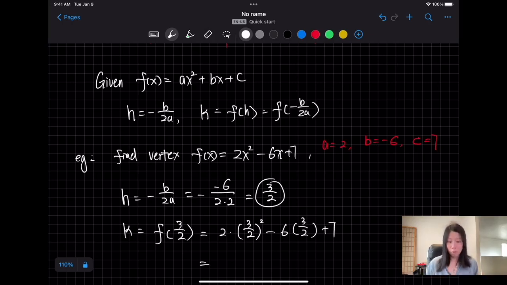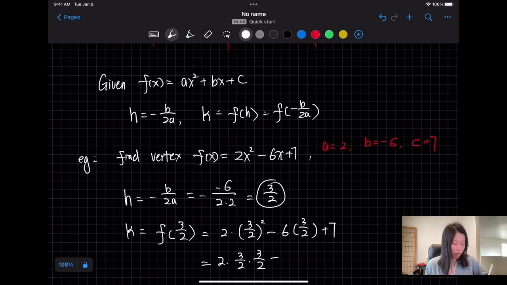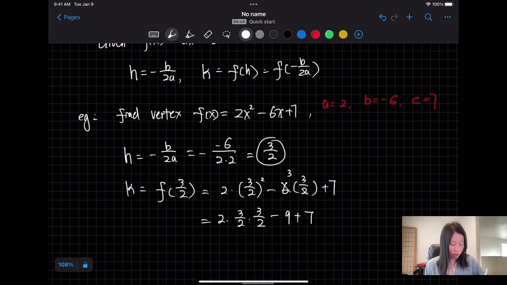Okay, so don't panic when you see a fraction, because fractions are really easy to calculate. You don't even need a calculator, because we know that squaring means you multiply it by itself, which is 3 halves times 3 halves, and then the 2 and 4 cancel out. You've got 9 halves minus 9 plus 7. And then this gives you 9 halves minus 2, right?